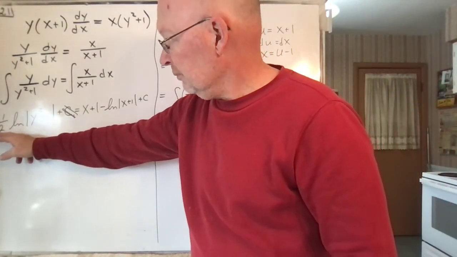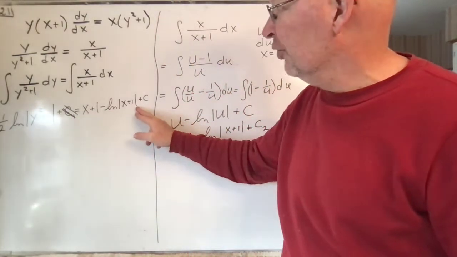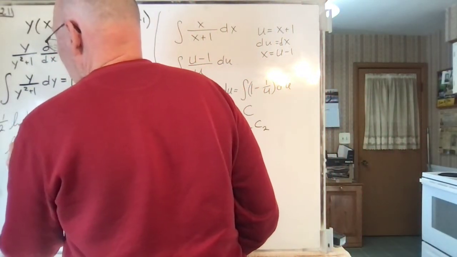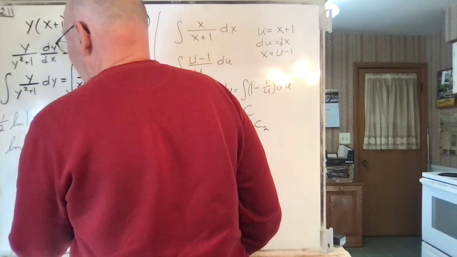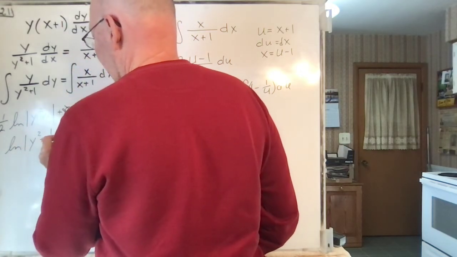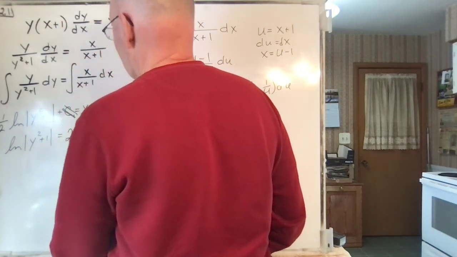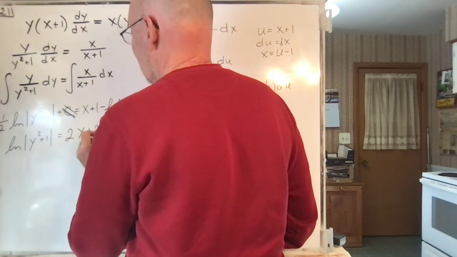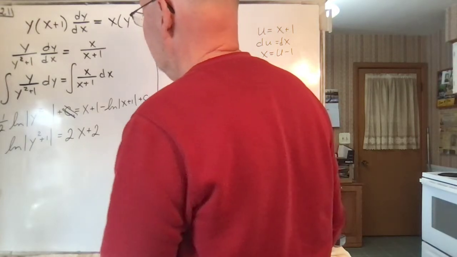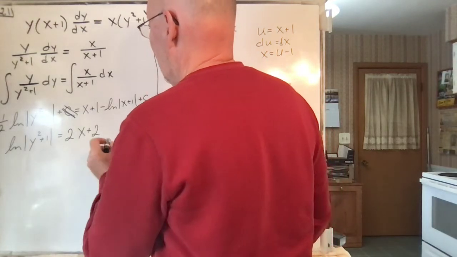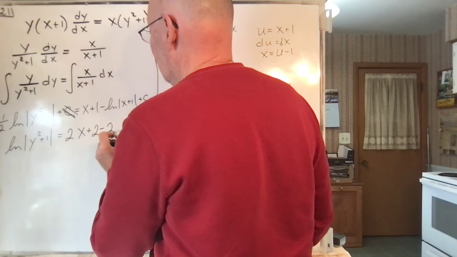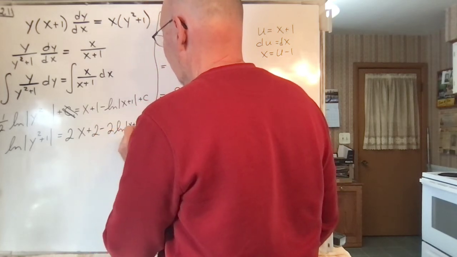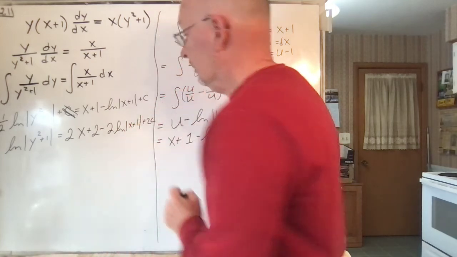Now, you can multiply everything through by 2. And if you multiply everything through by 2, you're going to get the ln of y squared plus 1, the absolute value of that, is equal to 2x plus 2 minus 2 ln of x plus 1, parentheses, plus 2c.